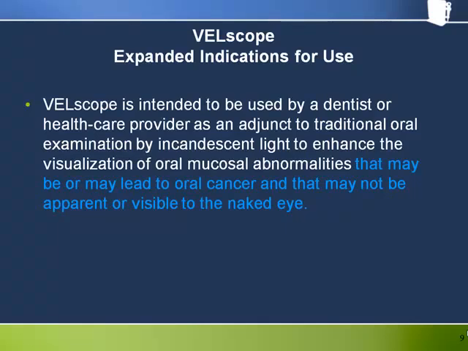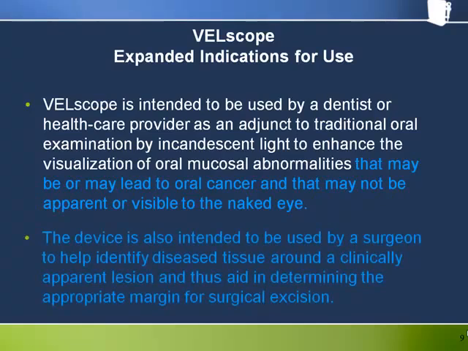Now let's look at the second indication. The device is also intended to be used by a surgeon to help identify diseased tissue around a clinically apparent lesion and thus aid in determining the appropriate margin for surgical excision. This claim is based on some outstanding research published by the BC Cancer Agency researchers in Vancouver, Canada, relating to the device's utility for the surgeon in helping identify dysplastic or outright cancerous tissue outside what was considered to be the clinical extent of the lesion using white light alone.